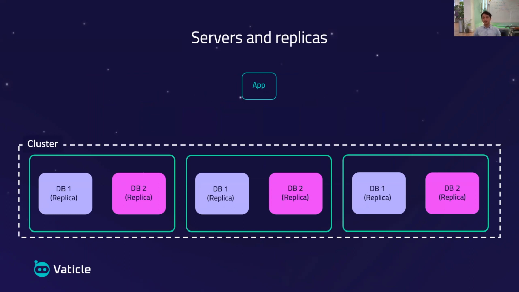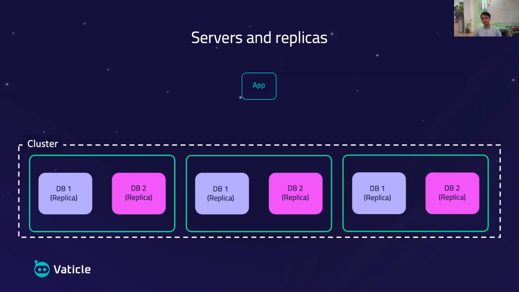The cluster is the 3 big green boxes with the green border, right? Those are the servers, and in this deployment, you have 3 servers. The application needs to connect to the cluster of size 3, right? And say that the application needs to work with 2 databases in this case.